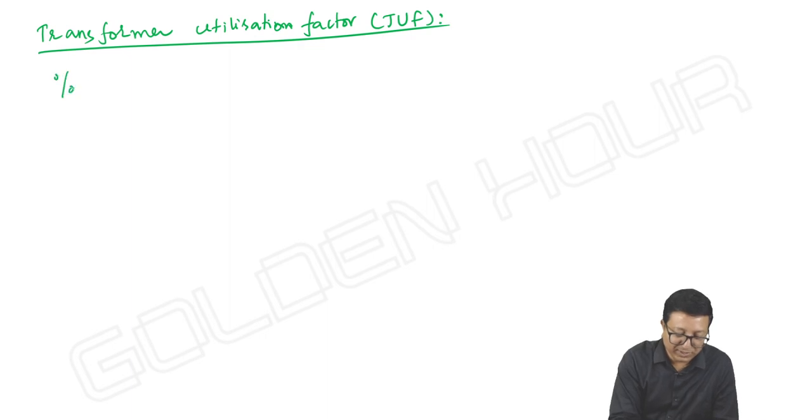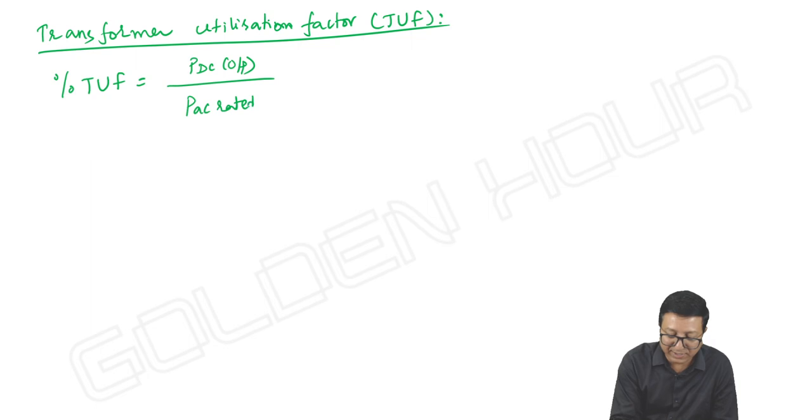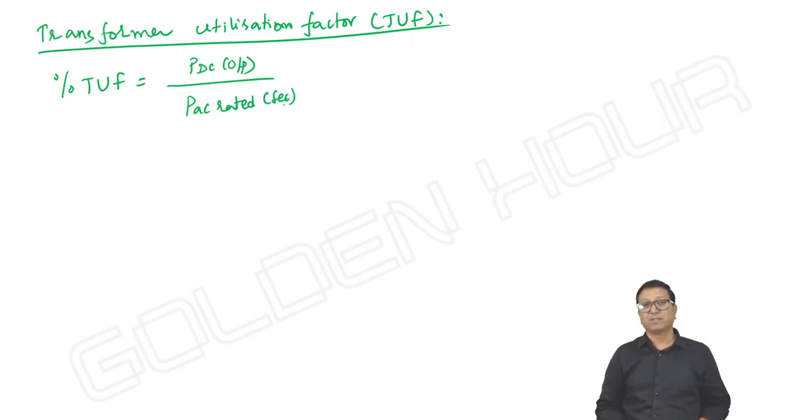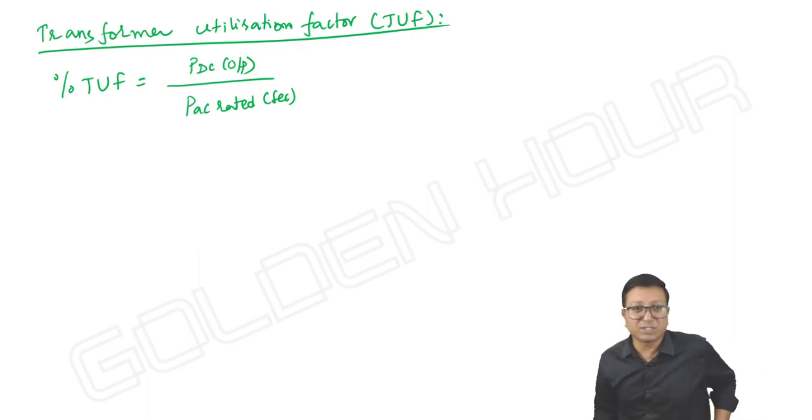So the percentage TUF, transformer utilization factor, is output DC power by PAC rated secondary, meaning the original source power you are taking. We are calculating conversion efficiencies only. In one case, I am taking the power absorbed by the circuit as the denominator.